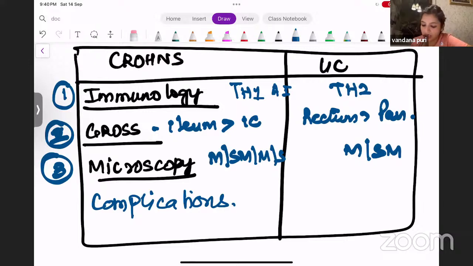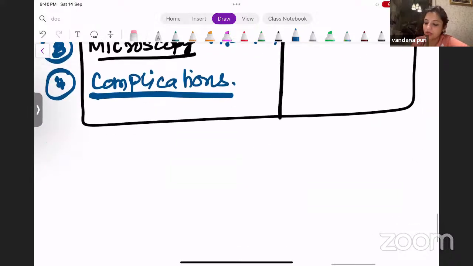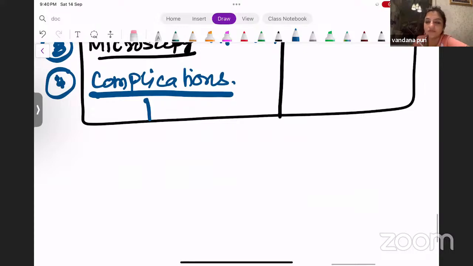Okay, and 4 is complications. So whenever we have to study complications, please remember what are the complications we have just studied for Crohn's. Remember, this causes your stricture, your fistulas, okay, and also your intestine will become cobblestone appearance.